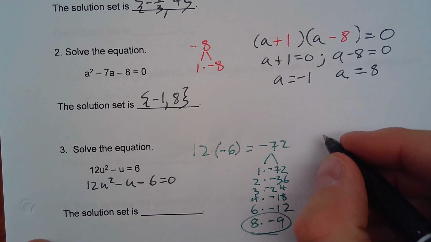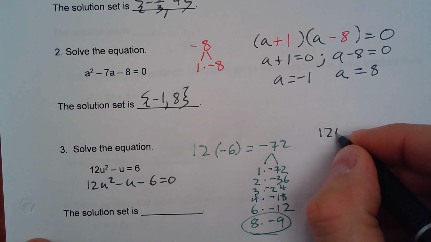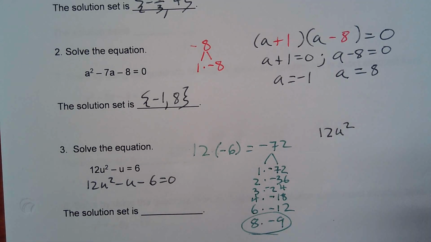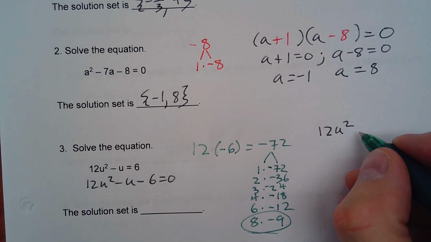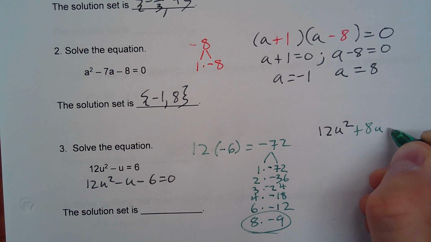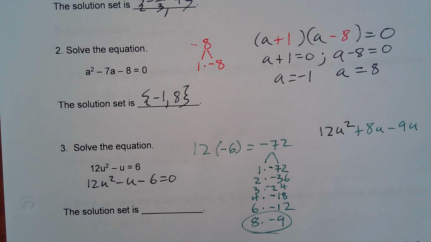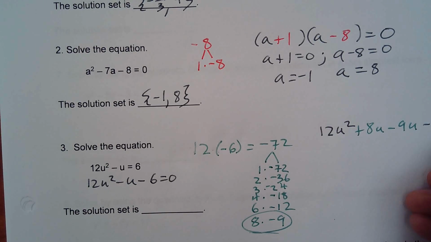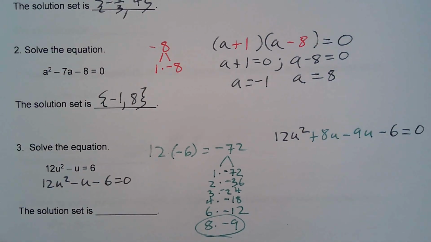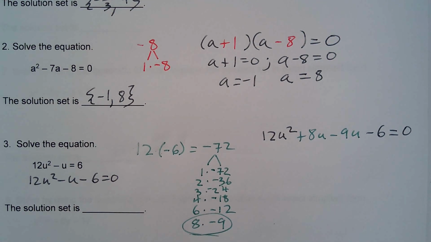Now I need to rewrite that middle term using 8 and 9. So I'm going to write that as 12u squared plus 8u minus 9u minus 6 equals 0. Because again, we're going to have to use the AC method here. And then we do our factor by grouping.